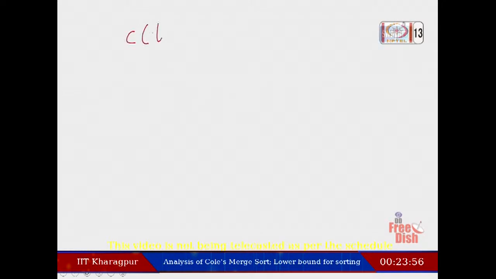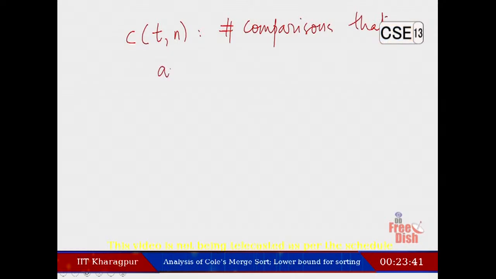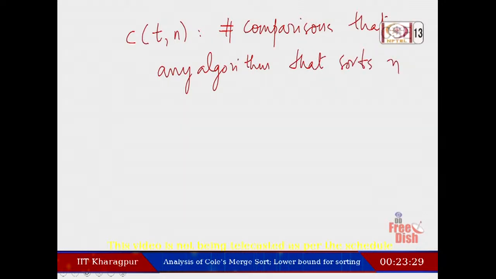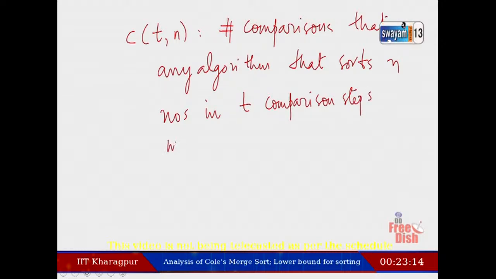Let C of T, n denote the number of comparisons that any algorithm that sorts n numbers in T comparison steps must necessarily perform.